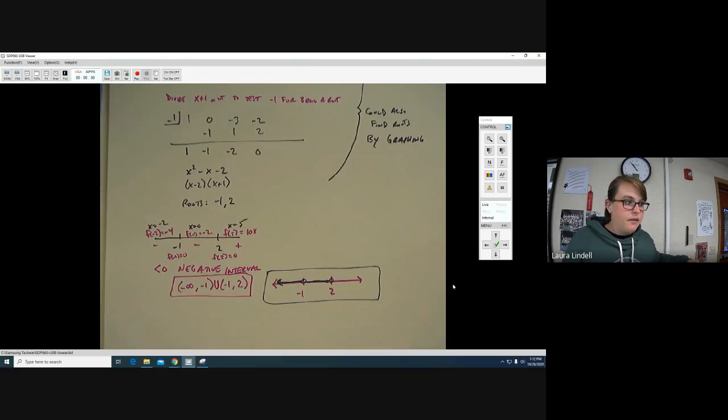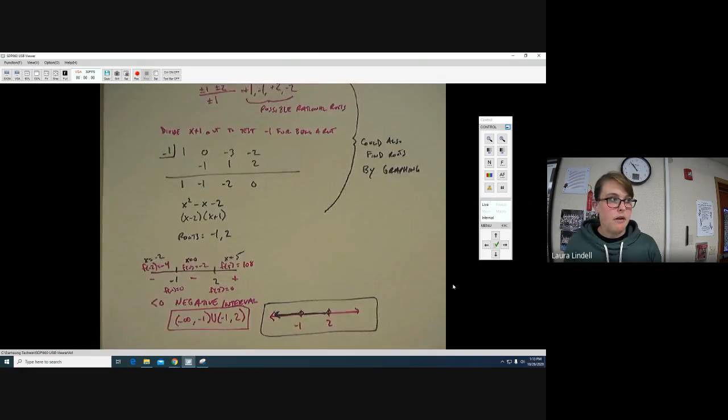Okay. So that's one possible example of a cubic that we would see as a nonlinear inequality. Any questions from that one? Any numbers we're not sure where they came from? Any steps we're not sure how they happened?